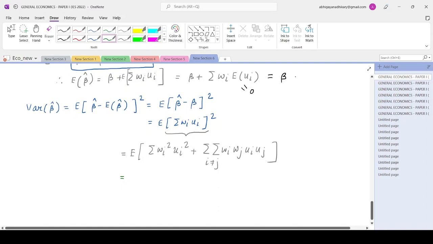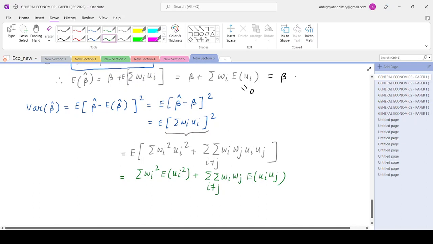So the expectation operator will not be needed over there. The expectation will go over the terms with ui's. So the wi square will remain intact. It is expectation of ui square plus double summation i not equals to j wi wj will again remain because they are simply in terms of this, and expectation of ui uj.